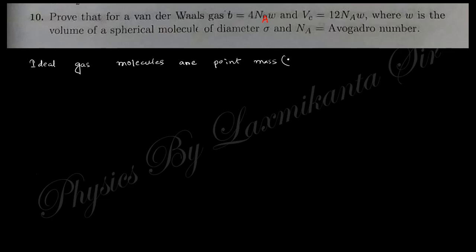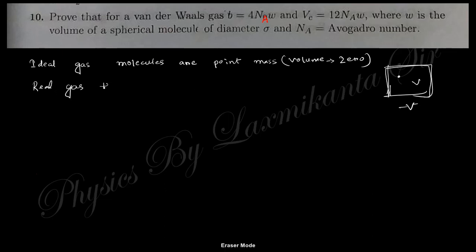That means the volume is 0, so a molecule can go throughout the volume. That's why there is the total V in the expression PV equal to RT. But in the case of a real gas, there is a small volume of molecules.